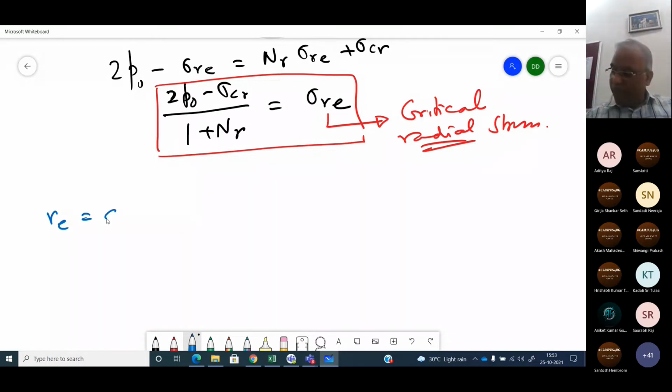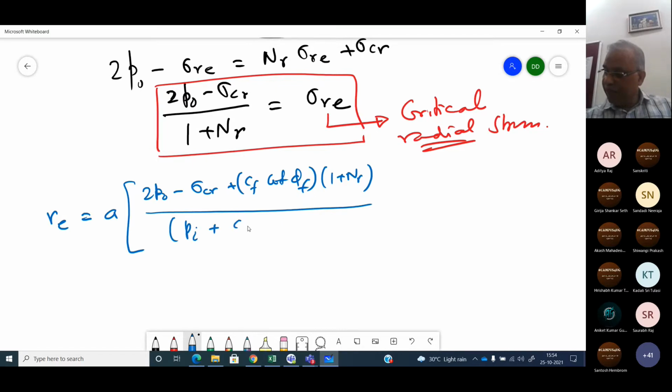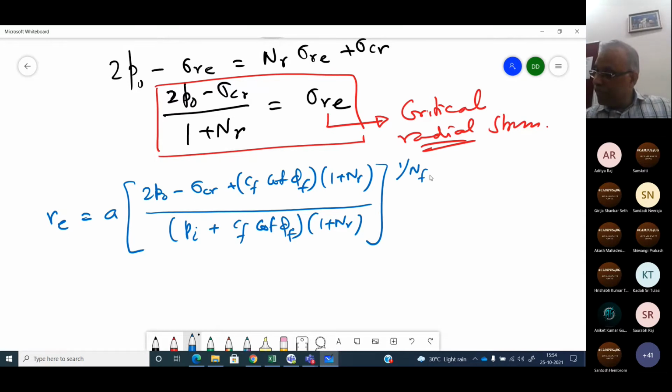Re is equal to A into [2 P naught minus sigma CR, cot phi F, 1 plus NR, divided by Pi plus CF cot phi F, 1 plus NR] to the power 1 by NF minus 1.